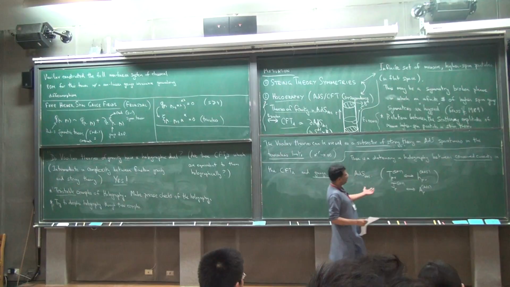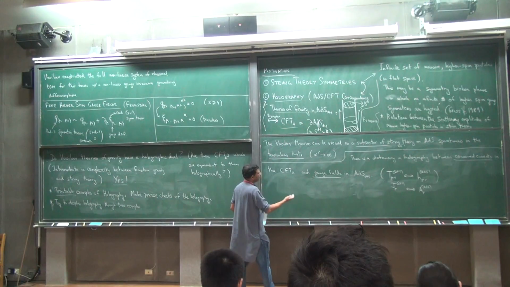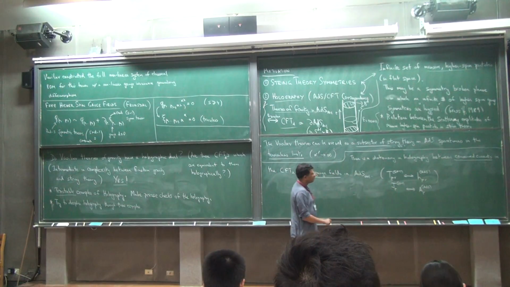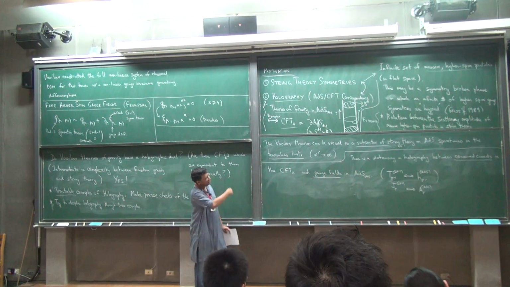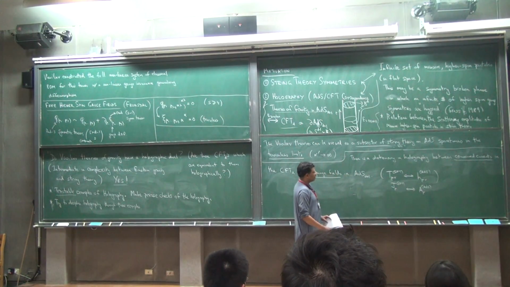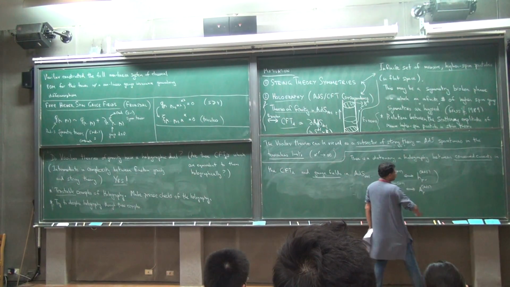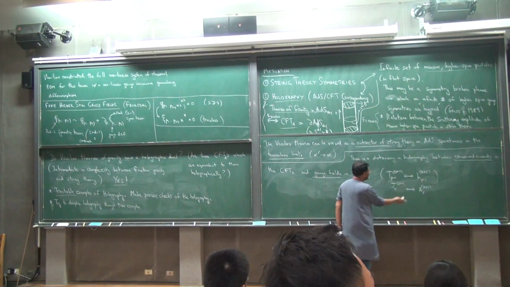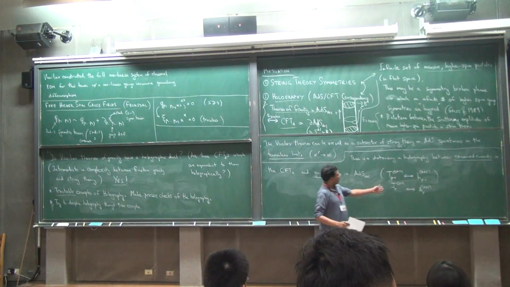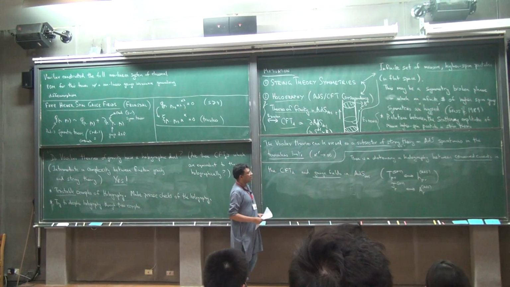So this is a very general part of the dictionary, and it comes essentially because fields in the bulk act as sources for the operators on the boundary, and if you have an operator which is a conserved current, then the coupling, the usual h mu nu T mu nu, or A mu J mu kind of coupling, implies that the conservation of the corresponding currents implies a gauge symmetry for this.